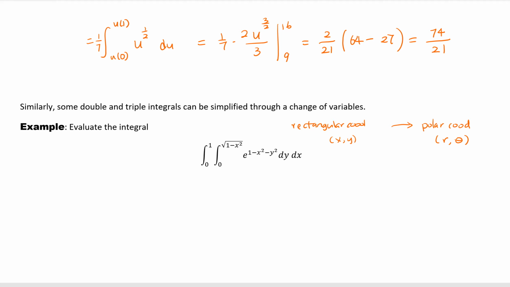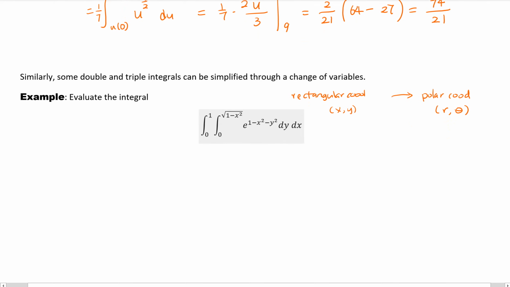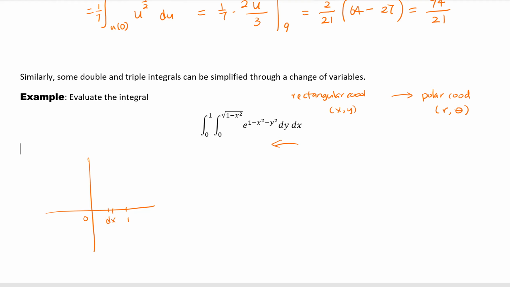Now, first of all, we need to draw what this region is. So, what is this integral? Let's see. We read from the outside to the inside, dx. So x is from 0 to 1. And then dy. Y is from 0 to, what is y equals the square root of 1 minus x squared?